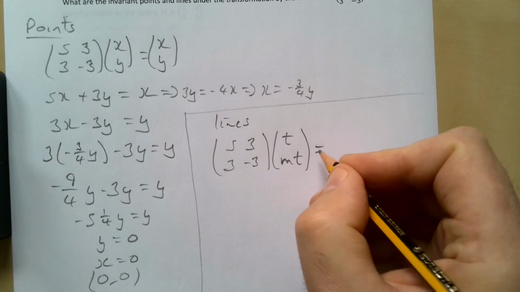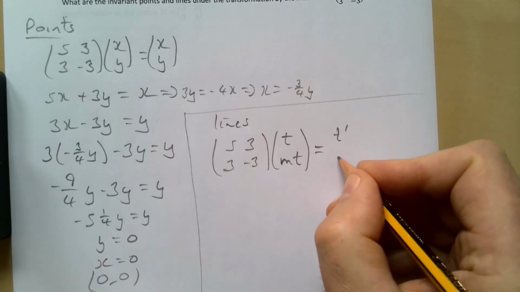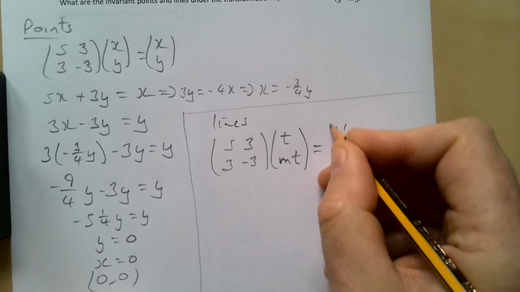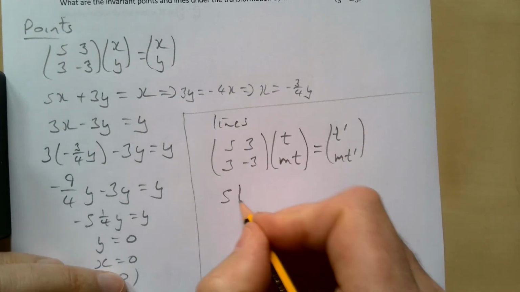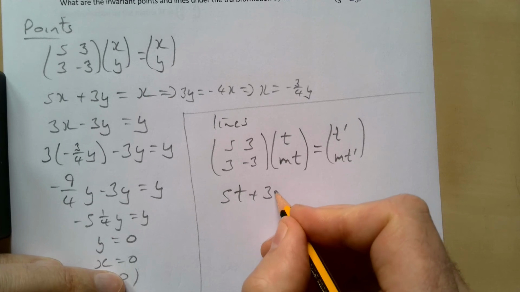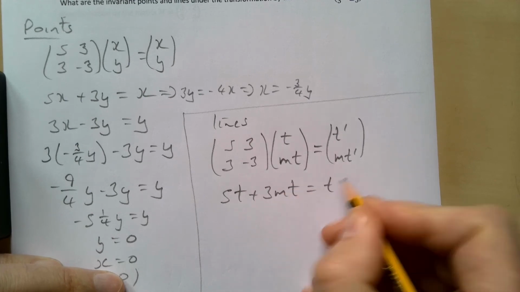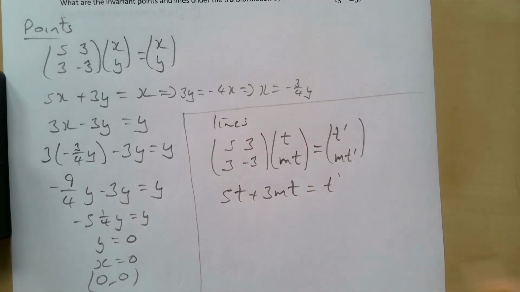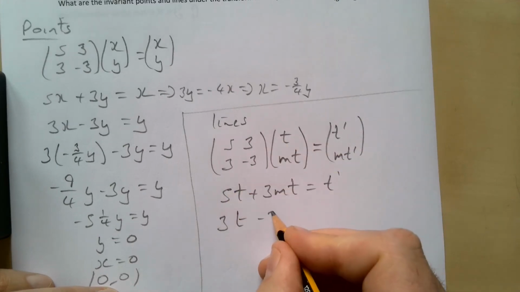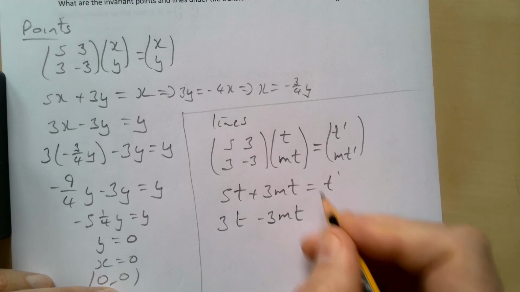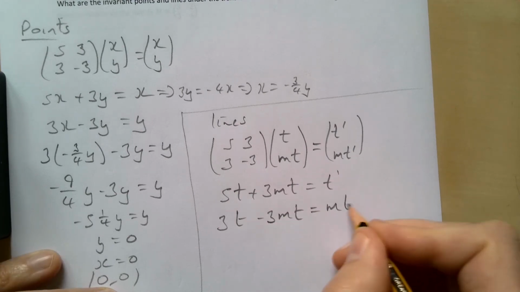It goes to another point on the same line, so we represent that as t dash, mt dash. Multiplying out again, 5t plus 3mt is t dash, and 3t minus 3mt equals mt dash.